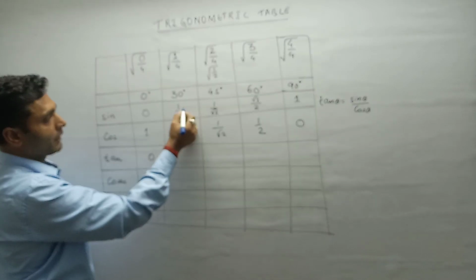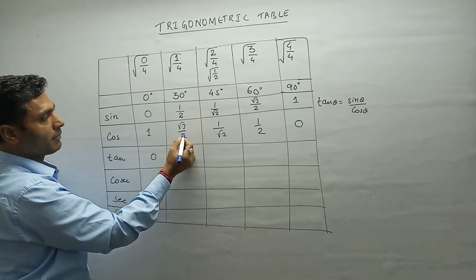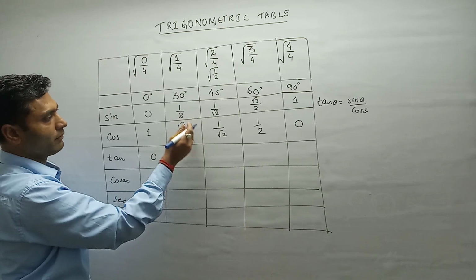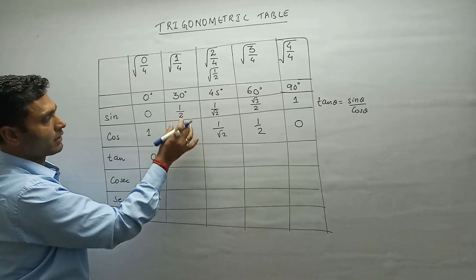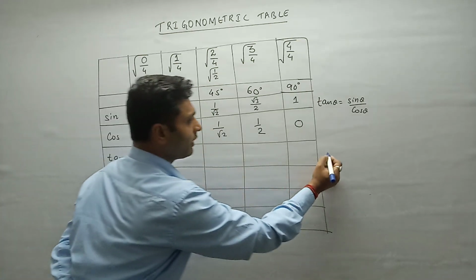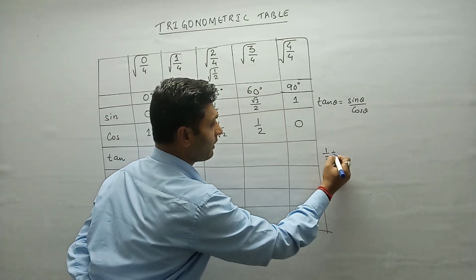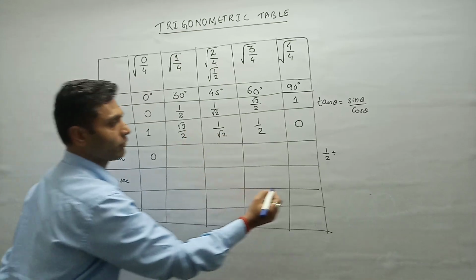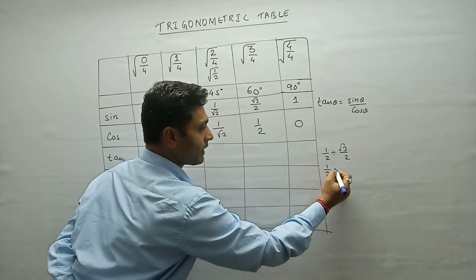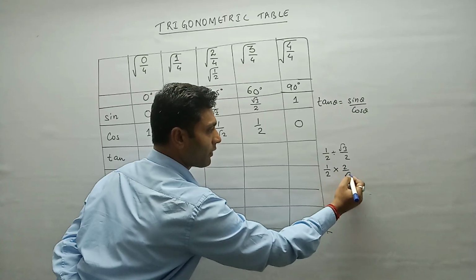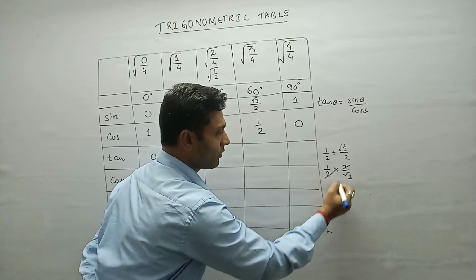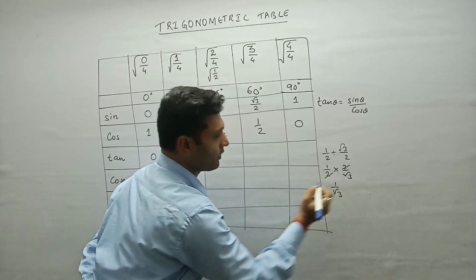Here, this is 1 by root over 2 divided by root over 3 by 2. Let me show you out here: this is 1 by 2 divided by root 3 by 2. So I can write it as 1 by 2 into 2 by root over 3. So we can divide this 2 and 2, what is left? 1 by root over 3.